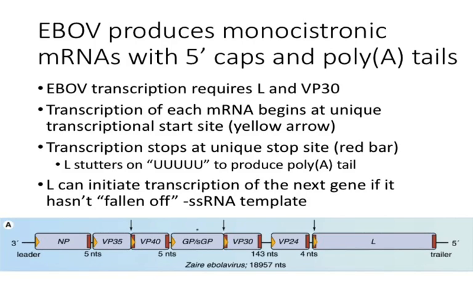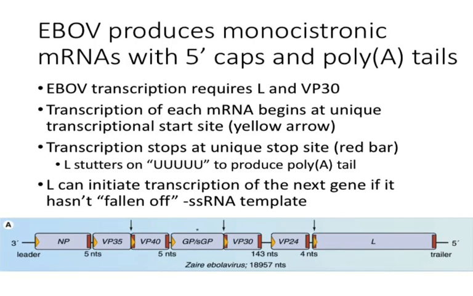So I'll repeat that. One promoter located over here at this 3' leader sequence. We have a transcriptional start signal, and the red bar here represents a transcriptional stop signal for every single one of these genes.